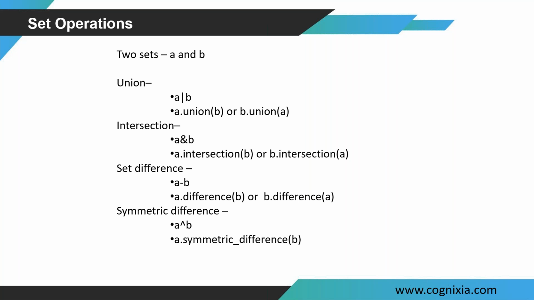These are the methods associated with the set. If you want to, you can try these methods out, guys. They are doing the same task, so it's up to you.